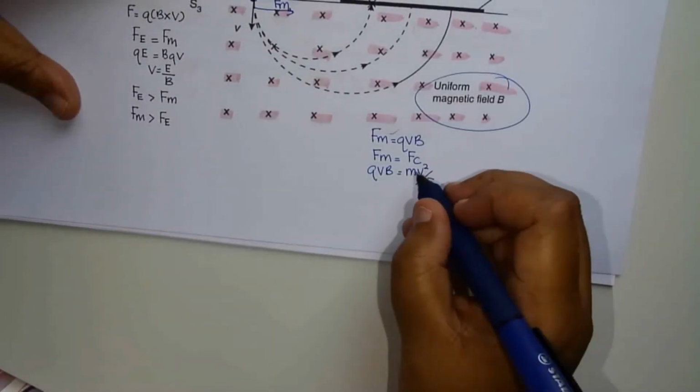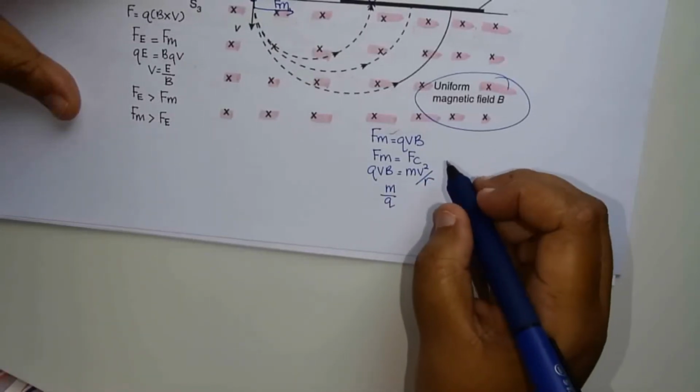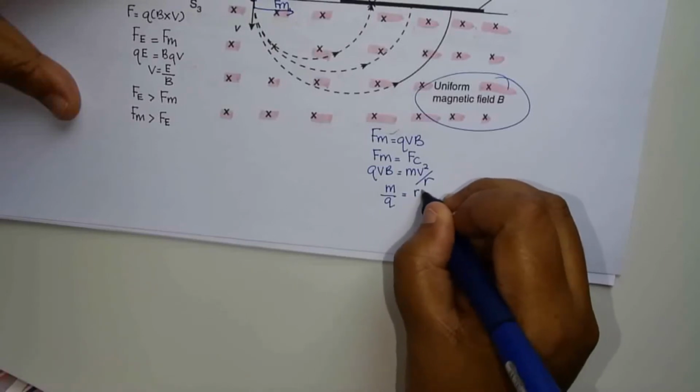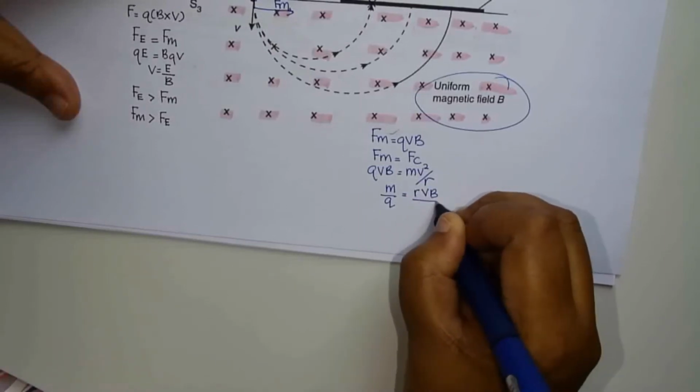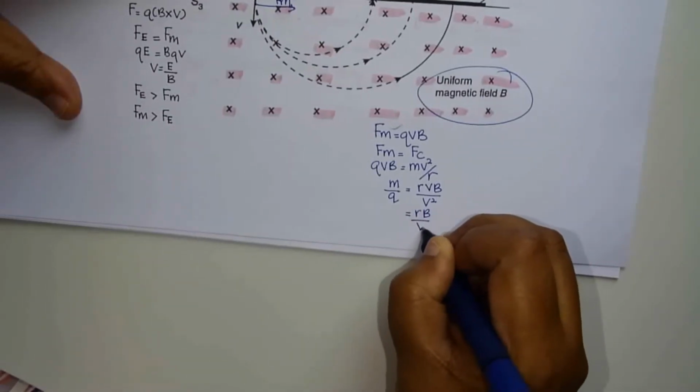Okay, so m over q is equal to rvb over v square, which is rb over v.